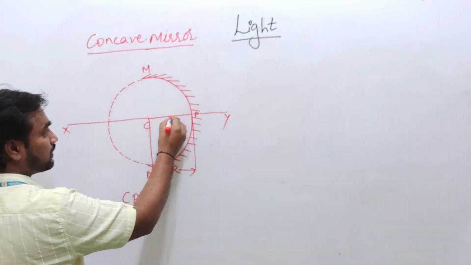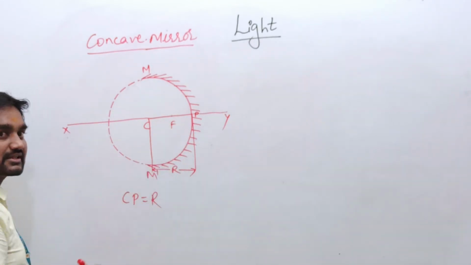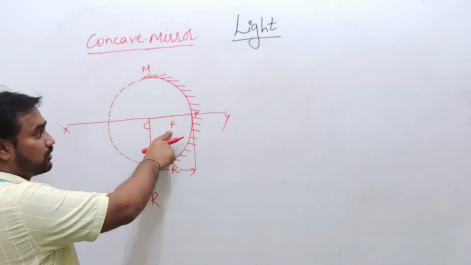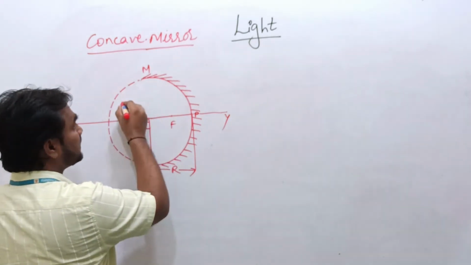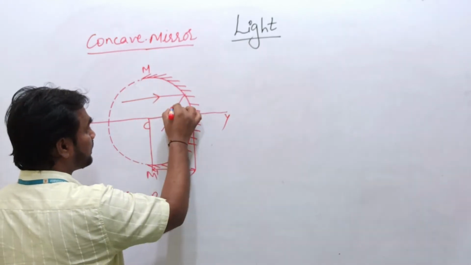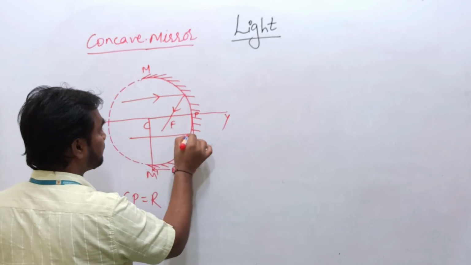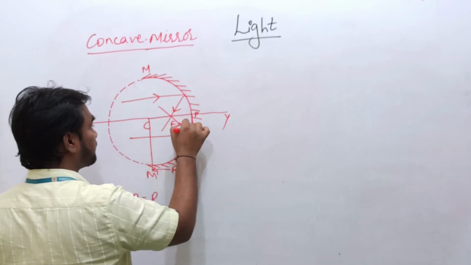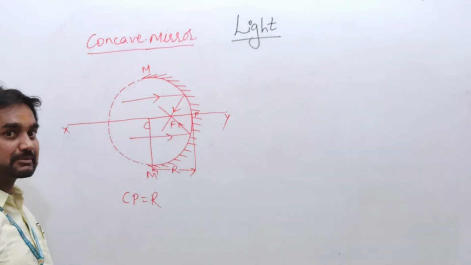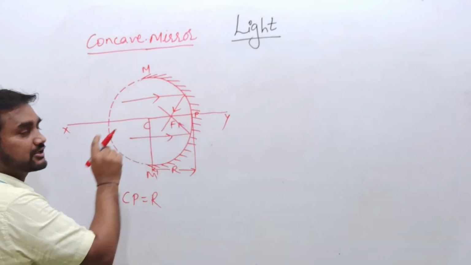The midpoint of this we call F. F is the point where the reflected rays converge. Whenever you draw rays here, they reflect and pass through the focus. That principal focus F is the midpoint of the radius of curvature.